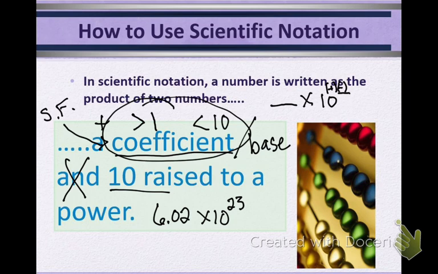What's wrong with 0.602? That's less than 1. So that's not a good answer either. These are just little things that you can be self-checking when you do your homework. And the last thing is, in Avogadro's number, how many sig figs are there in my term here?